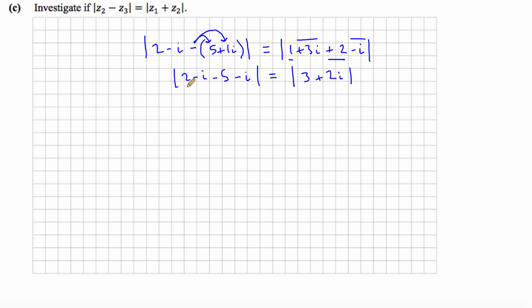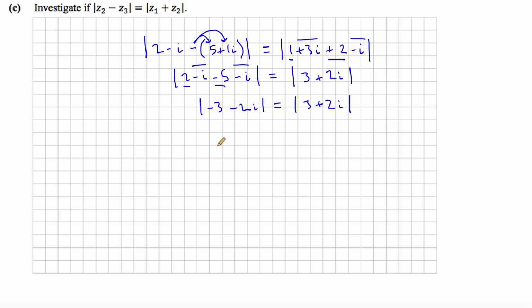Tidying up this side, I've got the 2 minus 5, which is negative 3, and then I've got minus i, which is a minus 2i. So we're seeing, is that equal to the modulus of 3 plus 2i? As we can see here, the numbers are the same except for the signs. There's minus 3 here, plus 3 there, minus 2 here, plus 2 there.